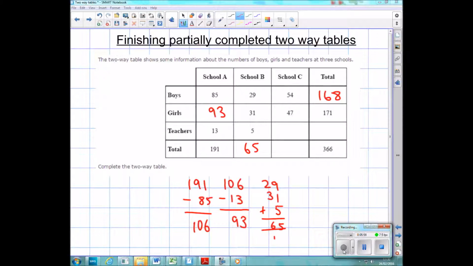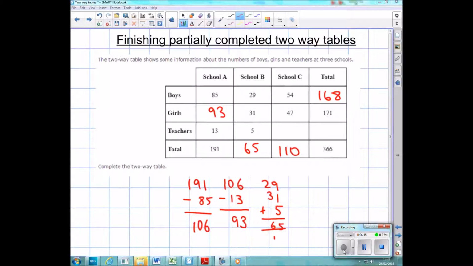Looking at the bottom row, I'm missing the value for school C. So I'm going to use the grand total, 366, take away 65, which is 301, take away 191, which is 110. Now I'm going to move back to the columns, and you see that what I'm just missing is the teachers' values.